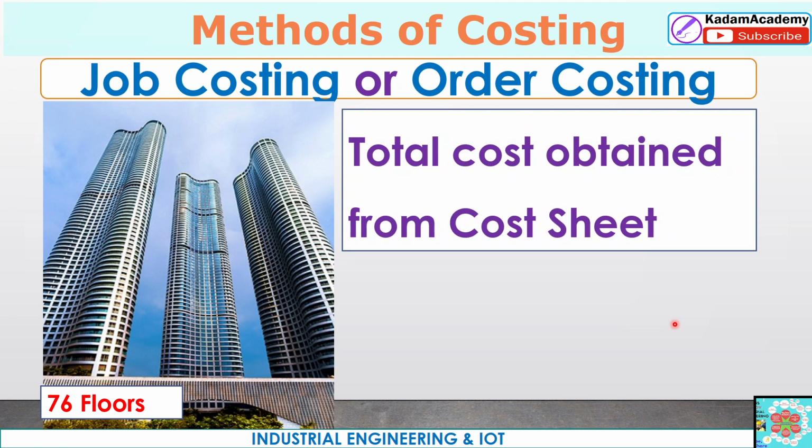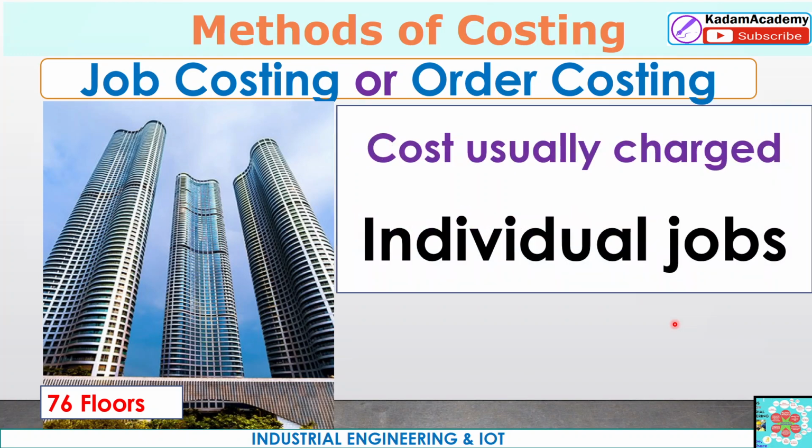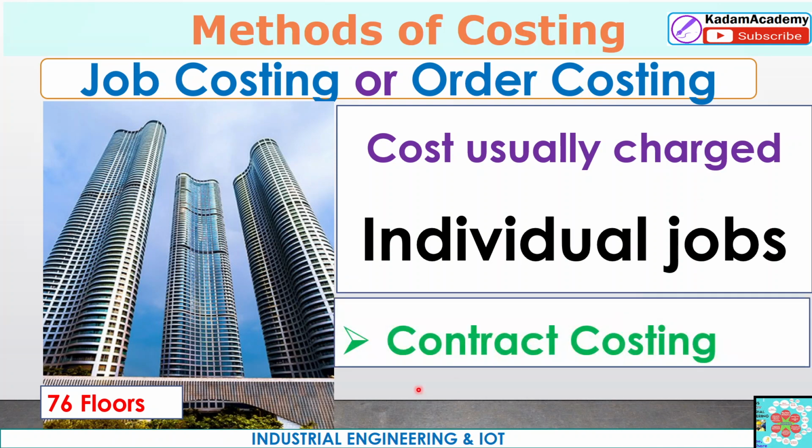We record it on the cost sheet, and the total cost is then obtained from this cost sheet. It is applicable to industries where costs are usually charged to individual jobs. I have already shown a few pictures as examples of job costing. Job costing or order costing is also called contract costing.